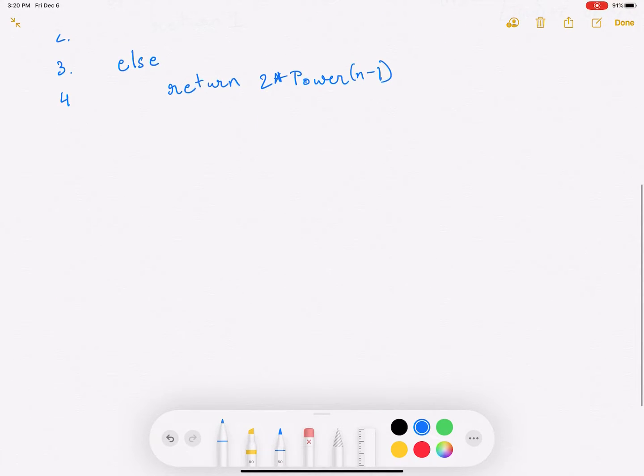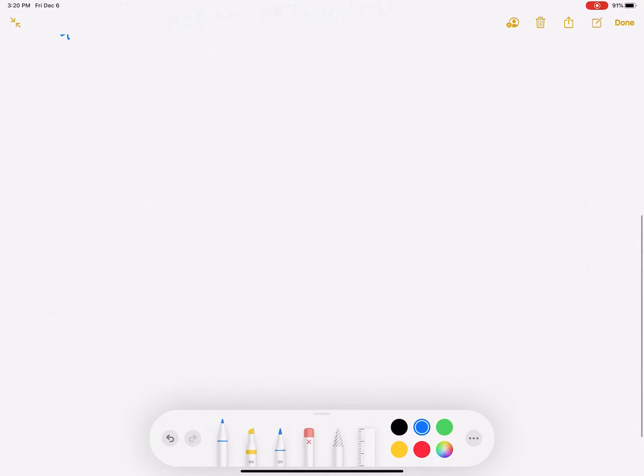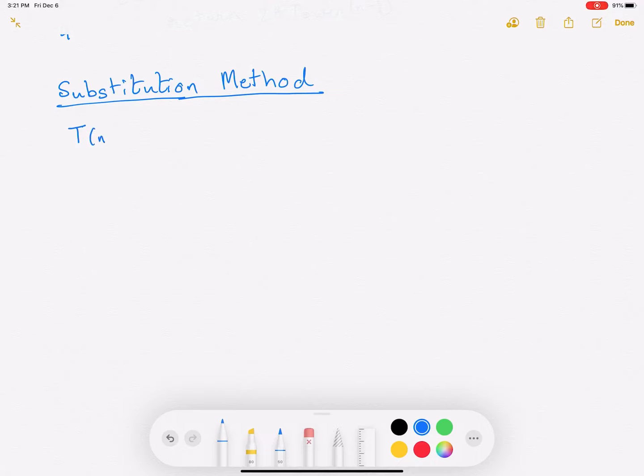So the first method which is applicable for this problem is substitution. So we'll try substitution. The substitution method is one way to find the solution to the runtime of a recursive algorithm. So what we're going to do is write T(n) equals T(n minus 1) plus c for n greater than 0. Now what can we do with T(n minus 1)?